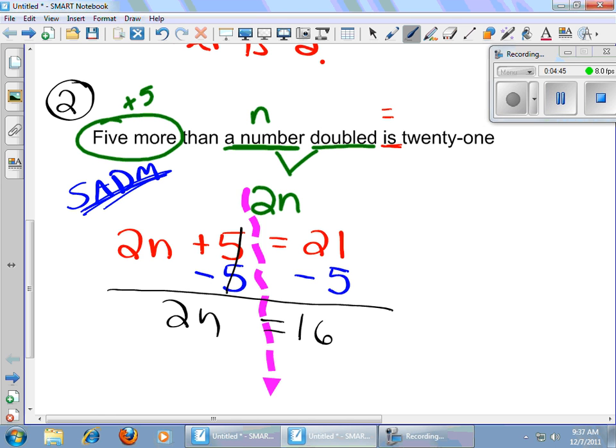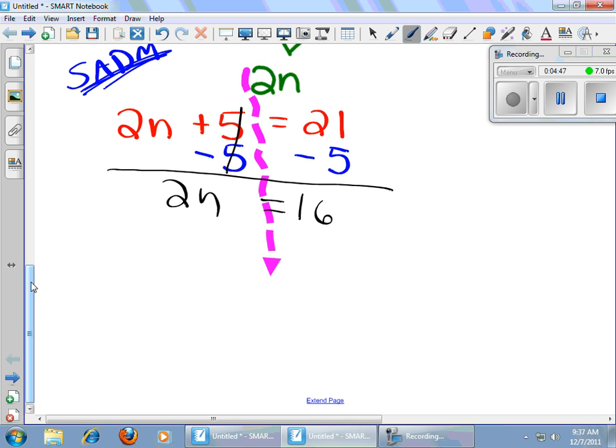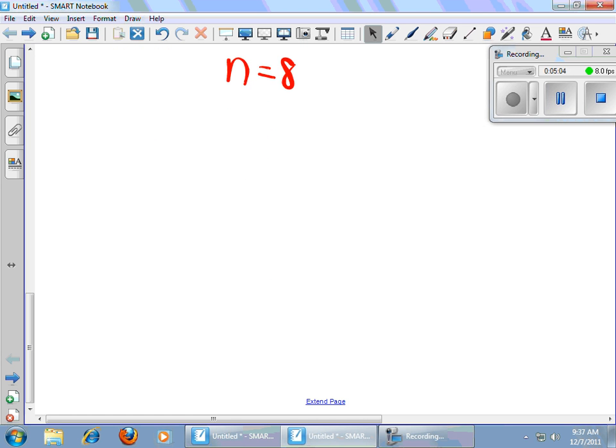N is still not alone. Saddam tells me to undo the multiplication by division. I'll divide each side by 2. Those will cancel. n will end up equaling 8. So therefore my number is 8. The number is 8. Let's look at another example. And this one, you'll see why I didn't write 5 plus on this example.